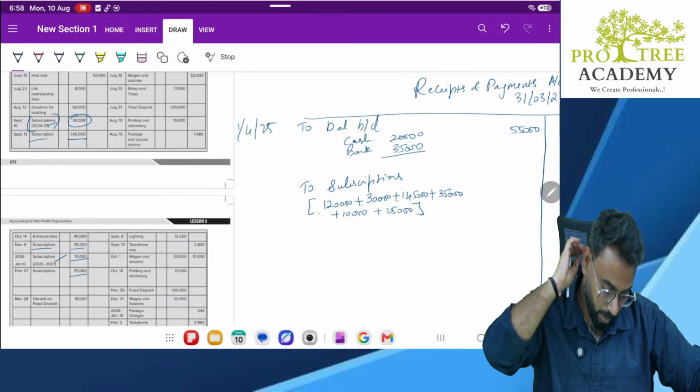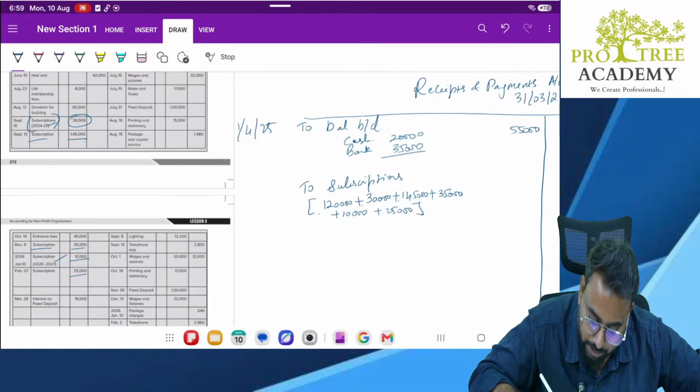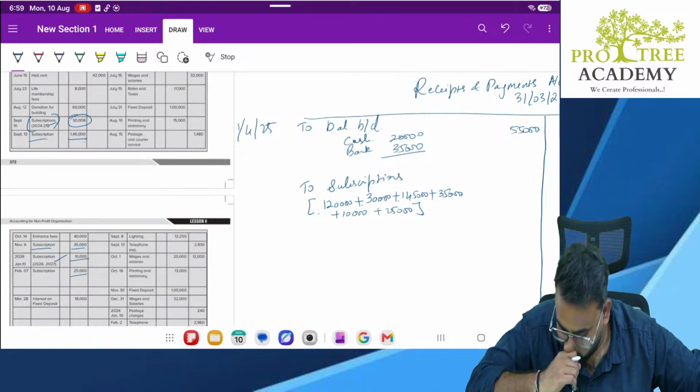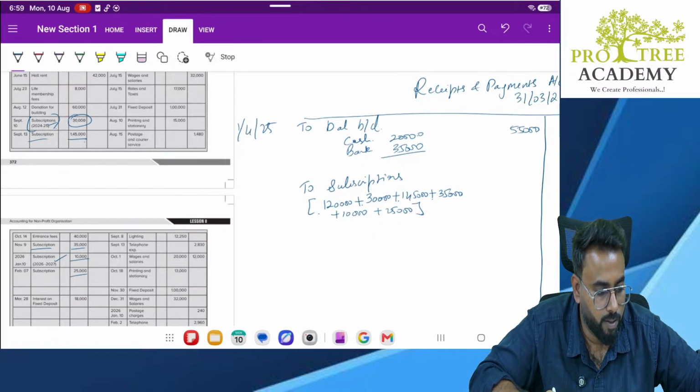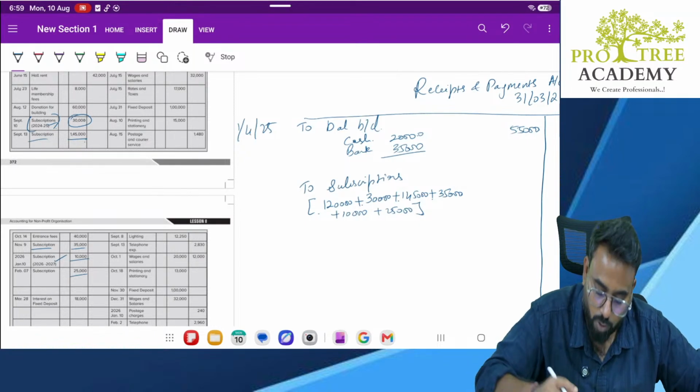Total. Can anybody please calculate the total? It will be 3,65,000. If you want, you can prepare a note also for this.